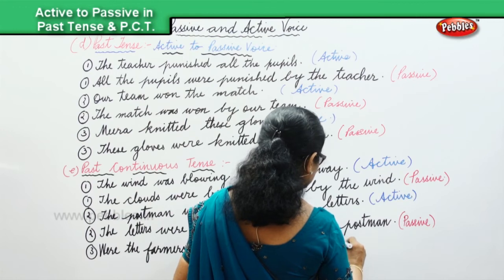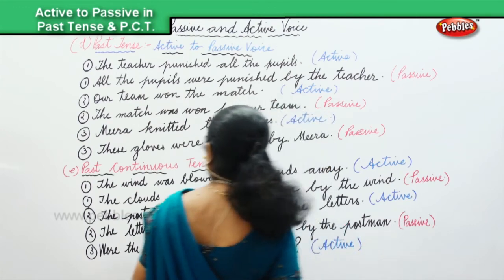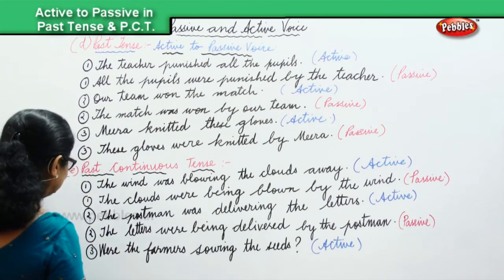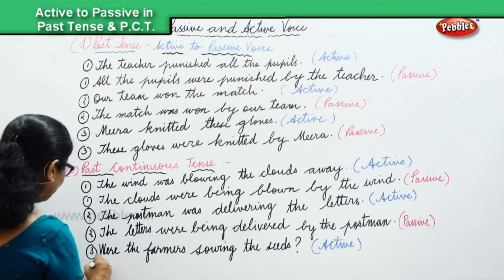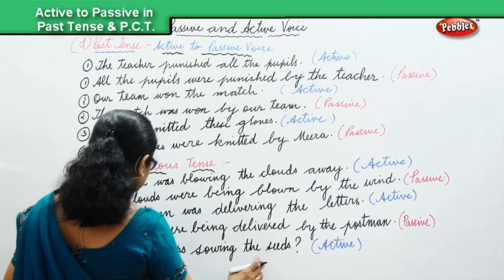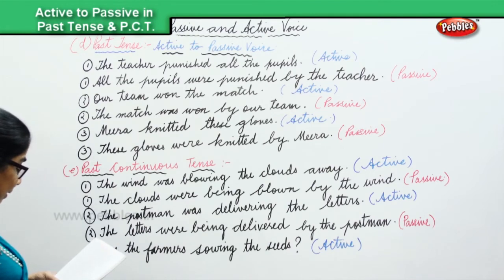And finally, we are changing that into passive in the past continuous tense, and that is, were the seeds being sown by the farmers?